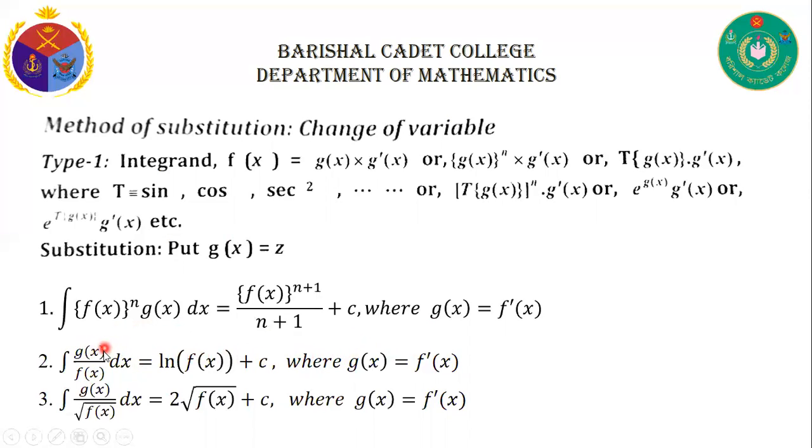Similarly, we know that the differentiation of root x is 1 by 2 root x. So here again we use the formula. We know that integration of 1 by root x dx equals 2 root x plus c.